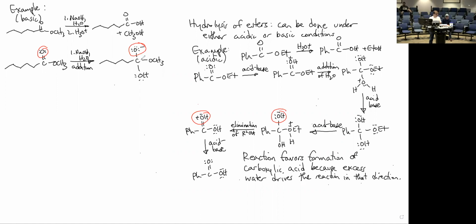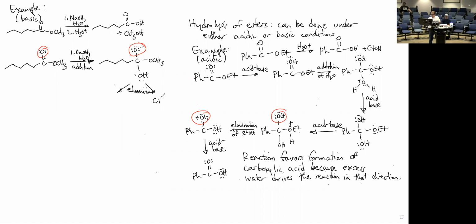That's something we've seen before. It is typical to have species with a plus charge as intermediates in acidic solution, and species with a minus charge as intermediates in basic solution. After this, we immediately do our elimination.